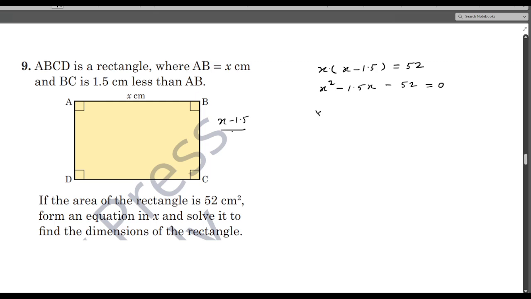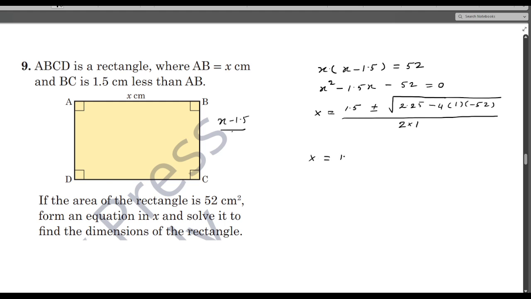Better we use the formula method. So x is equal to minus b plus or minus square root of b square, that is 1.5 square, that is 2.25, minus 4 times 1 times minus 52, whole divided by 2 times 1.